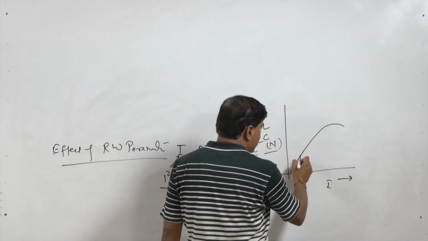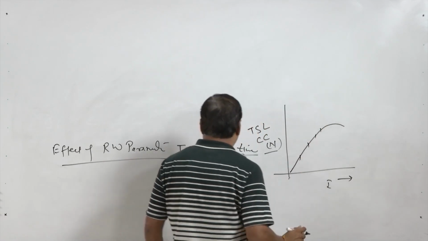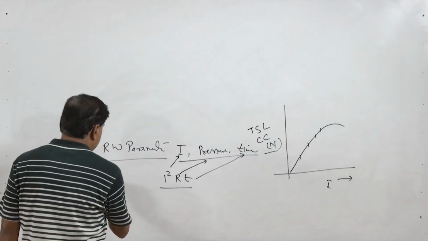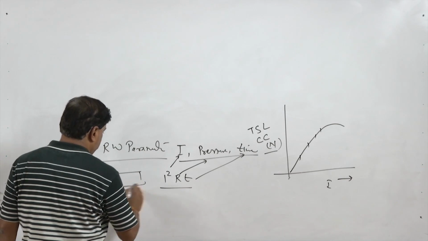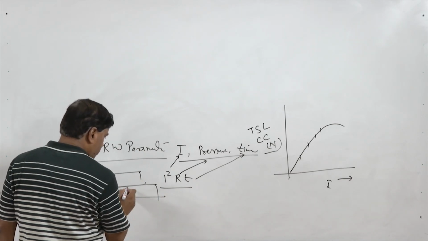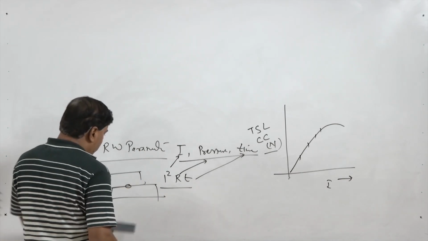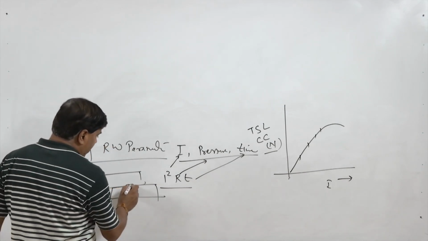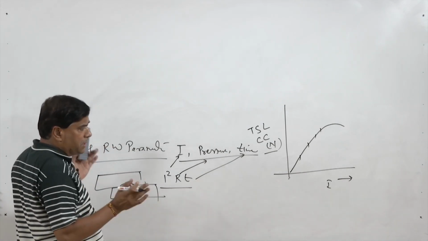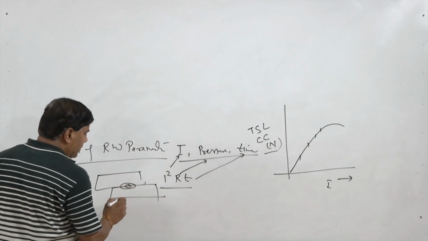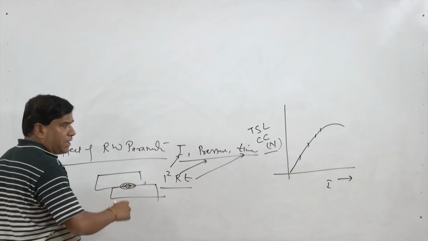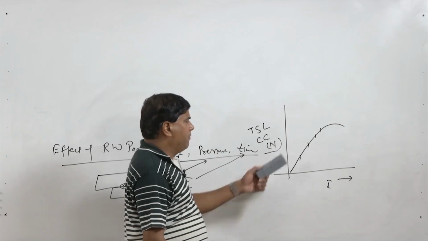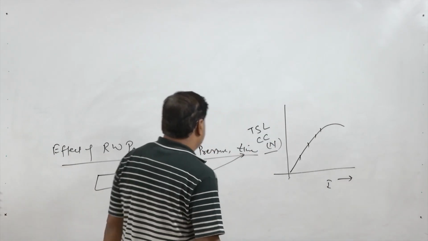We know that an increase in current will increase the heat generation, which in turn will increase the size of the nugget, and that is good from the shear strength point of view. For low current, the nugget size is small, and as the heat generation is increased with the increase of welding current, the nugget size will keep on increasing, which in turn will increase the tensile shear load carrying capacity.